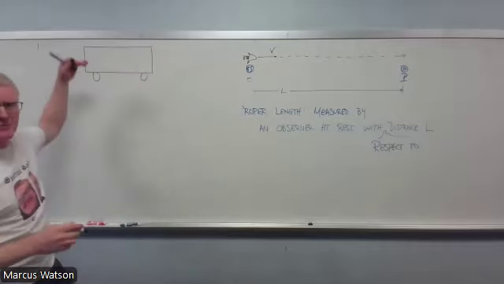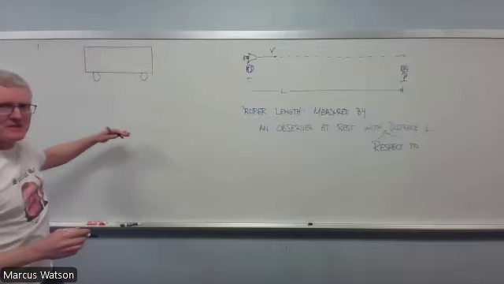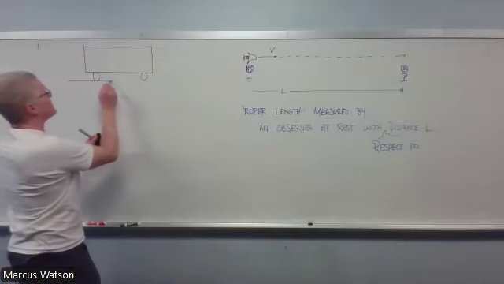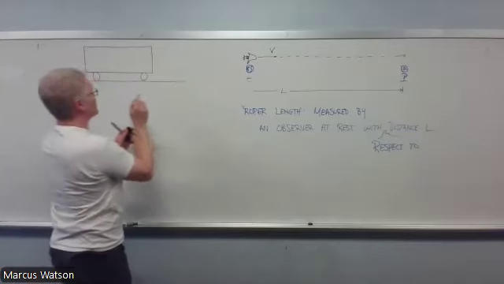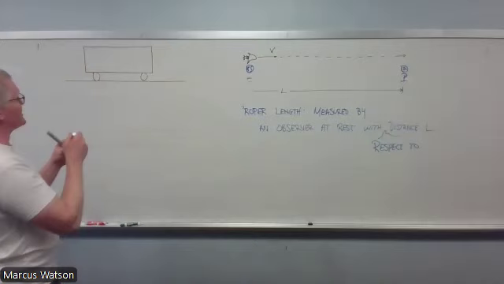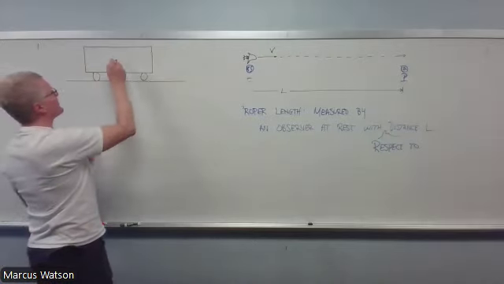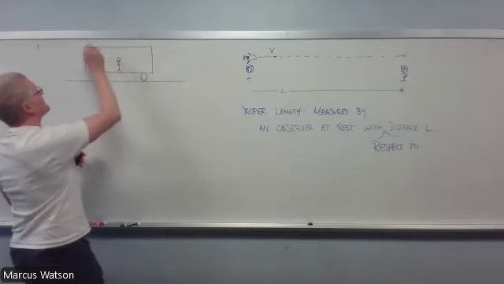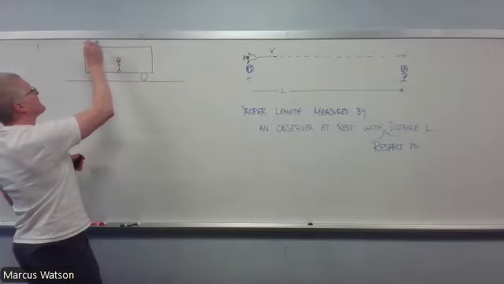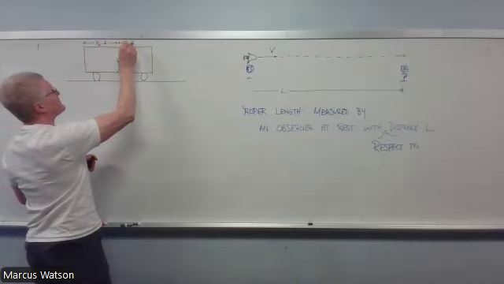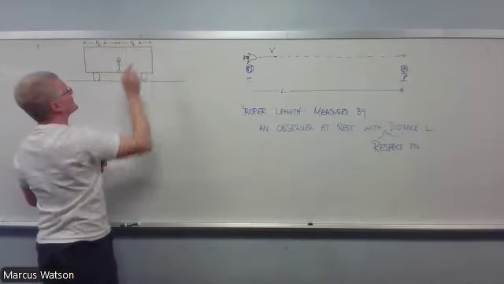Now I'm going to draw several snapshots of this below here, so I'm going to leave a lot of room below in order to do that. And hopefully this will be just fine. All right, what we have here is a person standing halfway between the two ends of the train. Say 1/2 of D to there and 1/2 D to there.